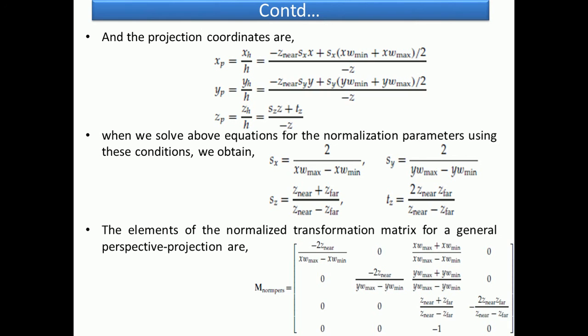Now just substitute these Sx, Sy, Sz and Tz in the previous normalized transformation matrix, and we get M normalized perspective, that is the normalized transformation matrix for the general perspective projection.